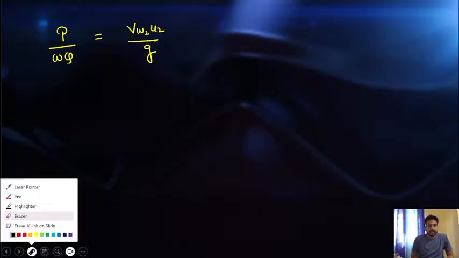So Vw2 U2 over g is basically the work done by the impeller on the water per second, per unit weight of the water. Clear? So actually we can understand this point further if we define this. What is this P?